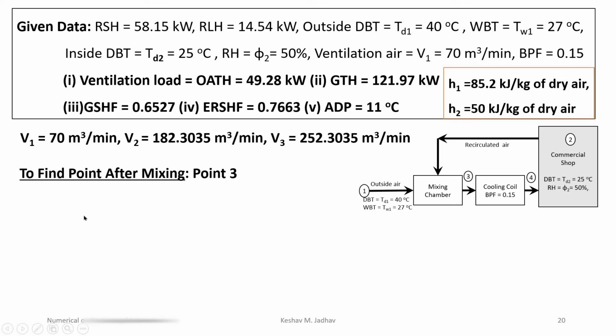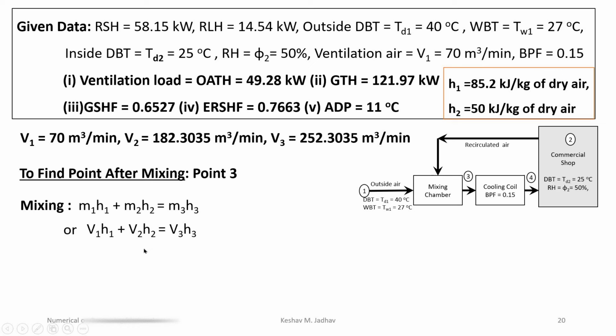So by writing energy balance, that is M1H1 plus M2H2 is equal to M3H3. This point 2 is related to recirculated air. Here mass flow rate is volume into density, so density we can cancel on both sides. So we can rewrite this formula as V1H1 plus V2H2 is equal to V3H3.